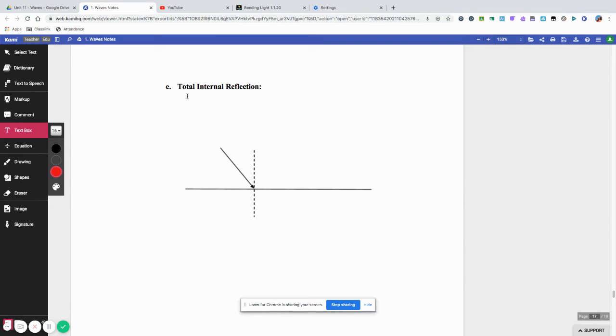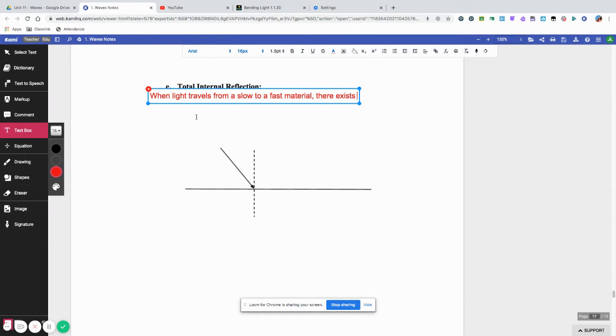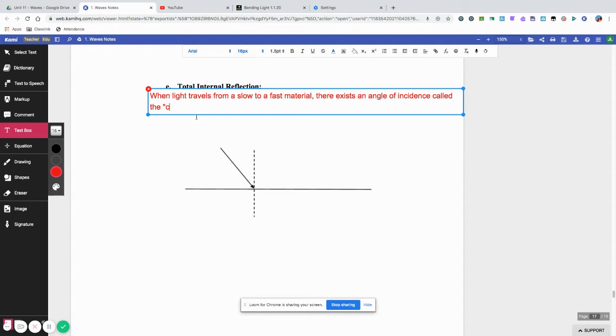So for total internal reflection, we are going to say that when light travels from a slow to a fast material, there exists an angle of incidence called the critical angle, where the angle of refraction reaches 90 degrees and all of the light is reflected.